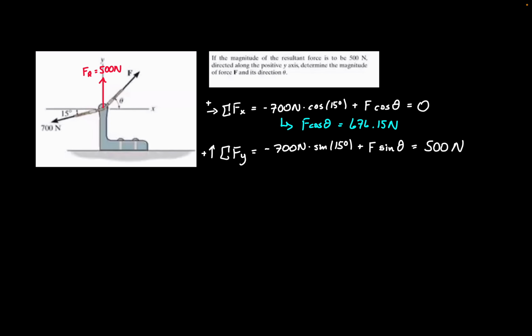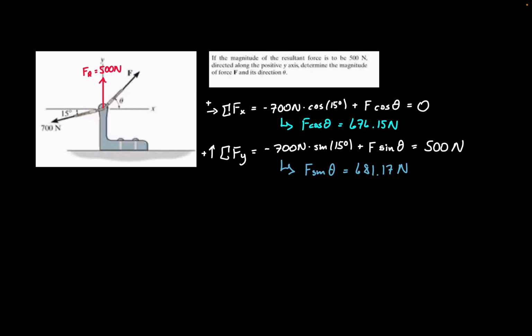And then for our summation of y, we can say that F sine theta is going to be equal to, so we're going to take our negative 700 newtons times sine of 15 degrees, and we're simply going to add that to the other side. And then we will get 681.17 newtons. So now we have two equations and two unknowns.